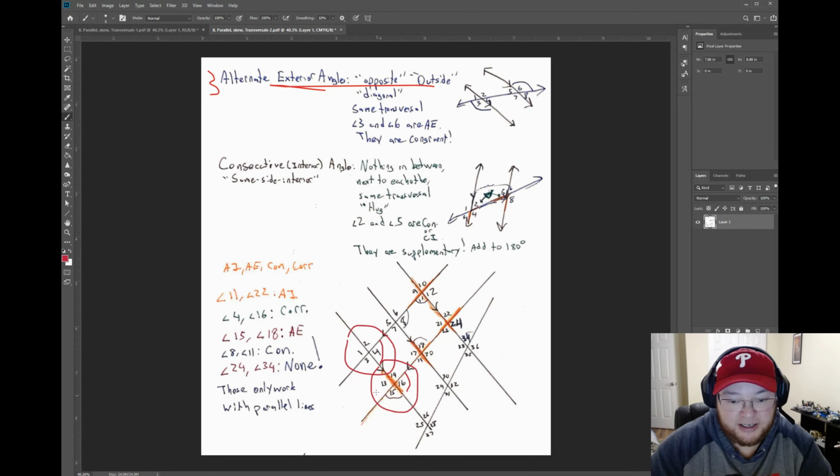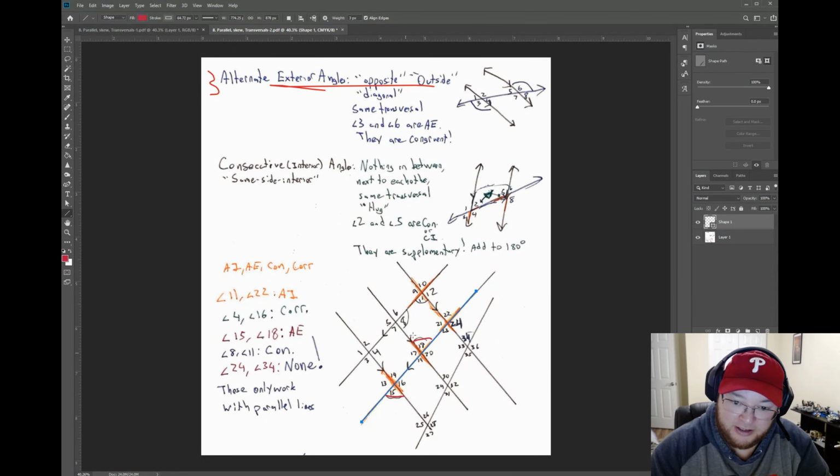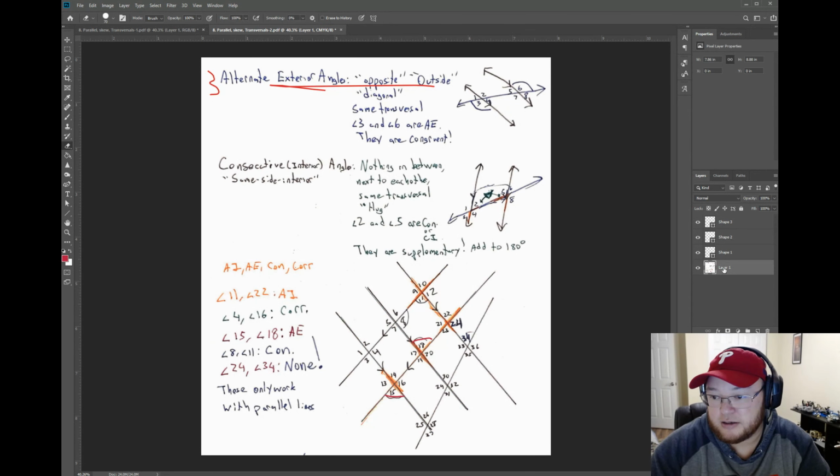15 and 18. 15 is here, 18 is here. And this is one of those ones where you've got to be very careful to make sure you're ignoring everything. So that was 15, 18. A lot of people will get this wrong because they will look at it and say, well, 18's on the interior.